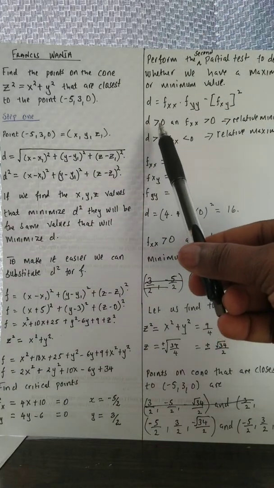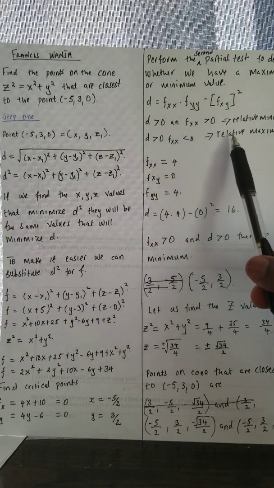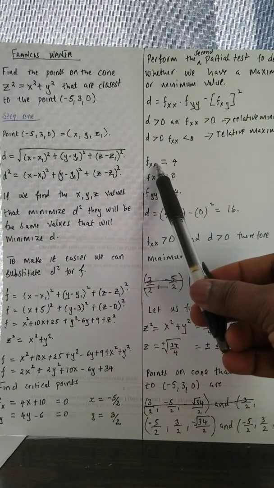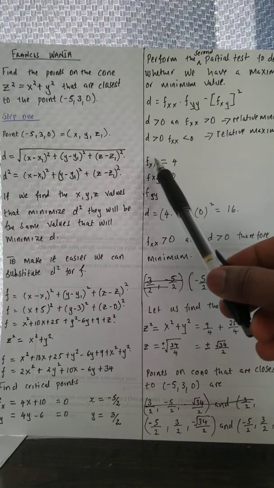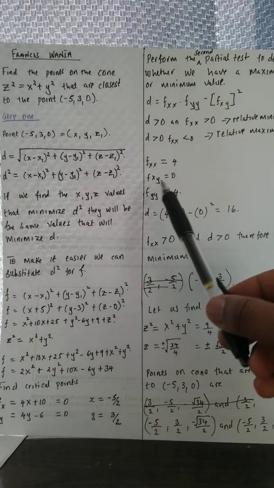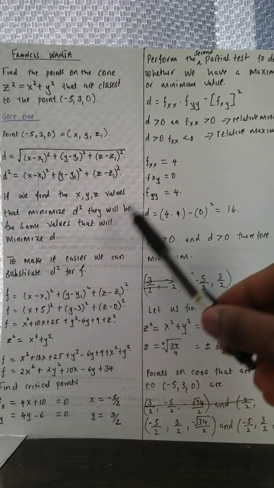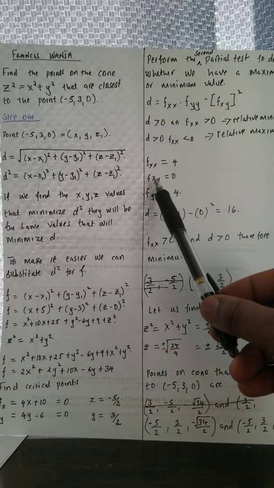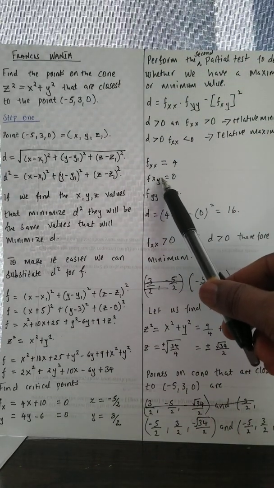If D is greater than 0 and fxx is less than 0, we have a relative maximum. Coming back to 4x plus 10, the second derivative with respect to x is 4. The second derivative with respect to y is actually 4. And the mixed derivative, with respect to x followed by y, is 0.